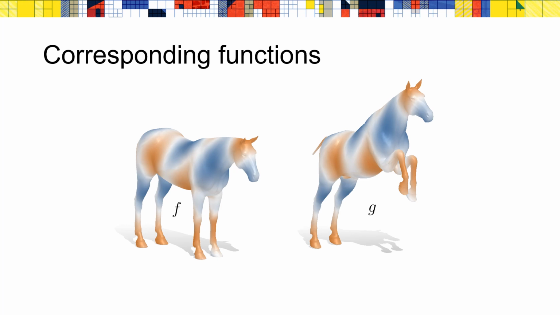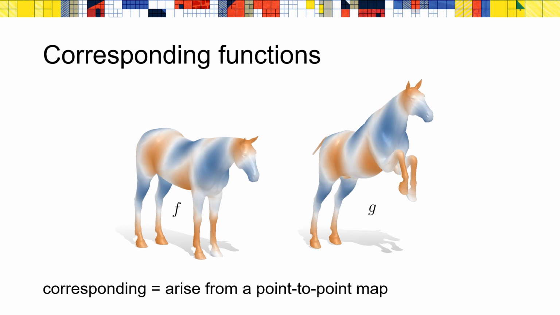So if we consider these two shapes and a corresponding function defined on these two, what are two corresponding functions? Two corresponding functions are two functions that correspond in the sense that they arise from a point-to-point map.